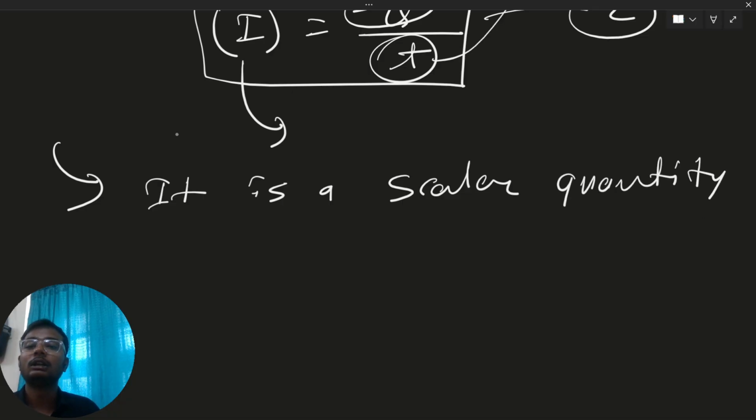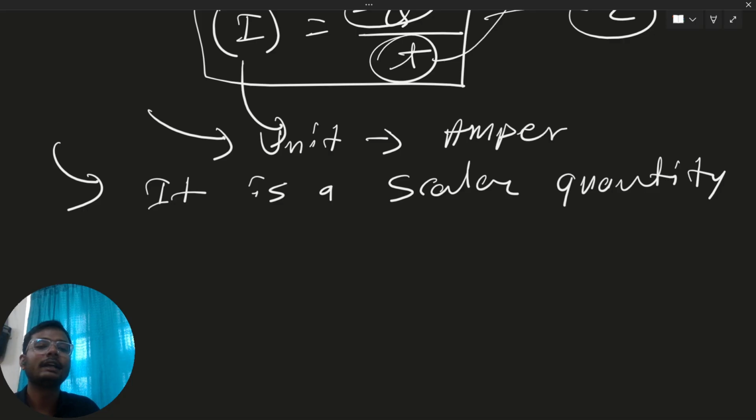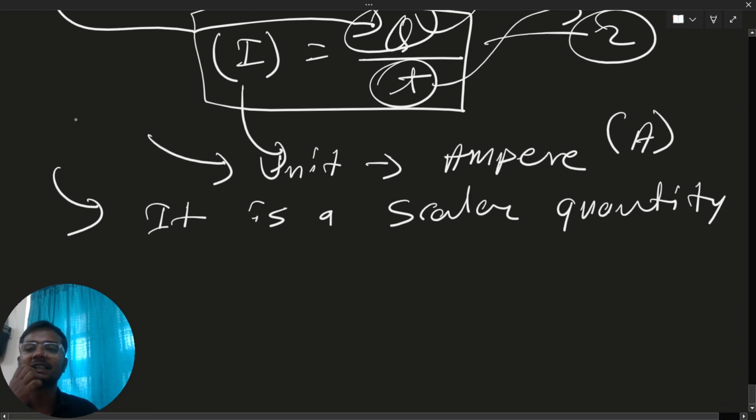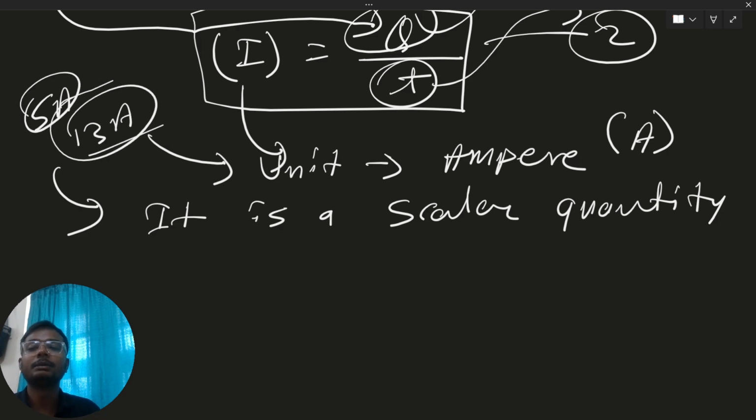Acha, let's talk about its unit. It is measured in ampere. Ampere in short by capital A. Like I can say 5 ampere of current, 13 ampere of current, all those things. Acha, this value cannot be negative. It will always be positive only.